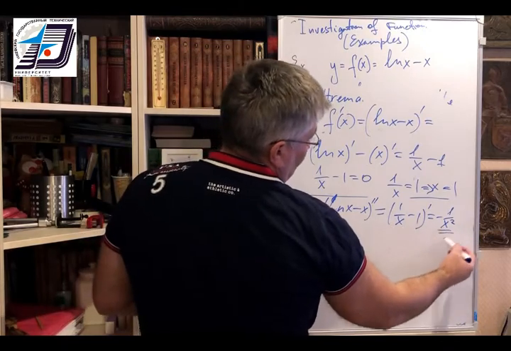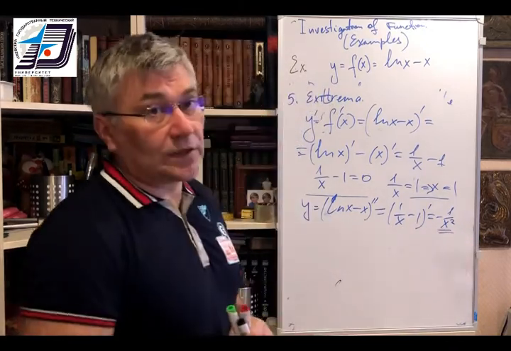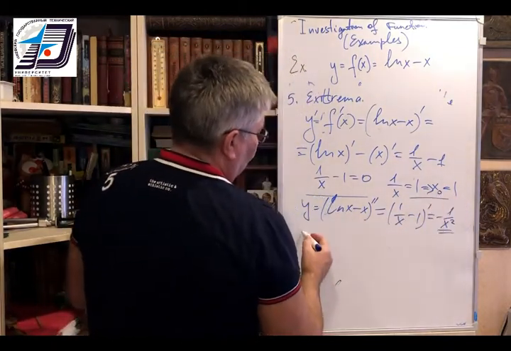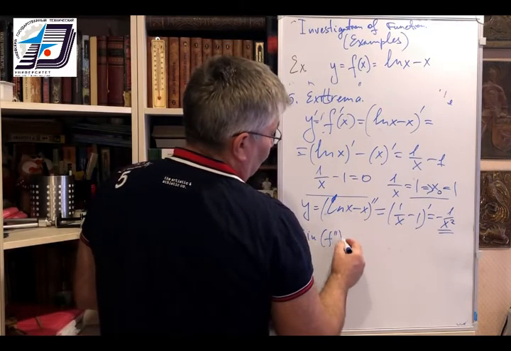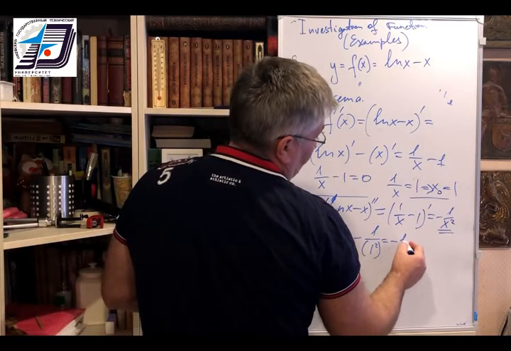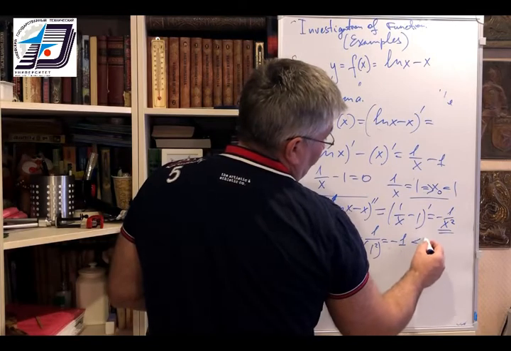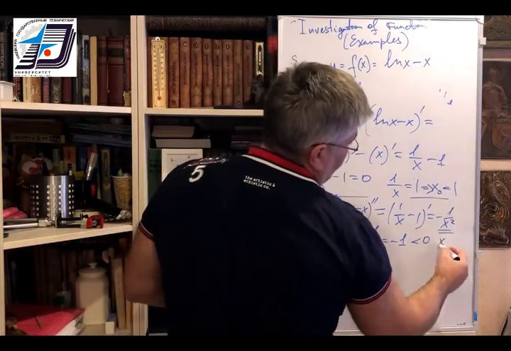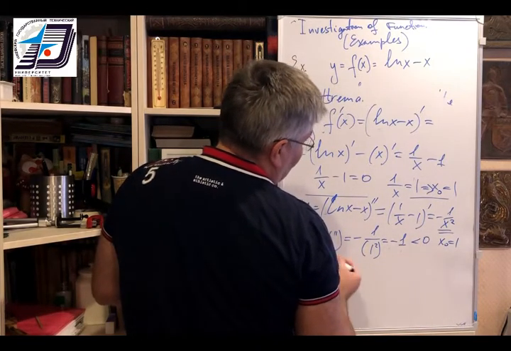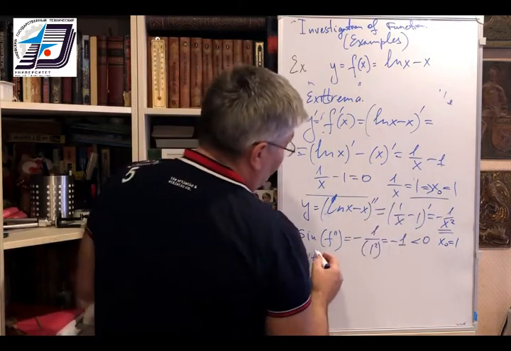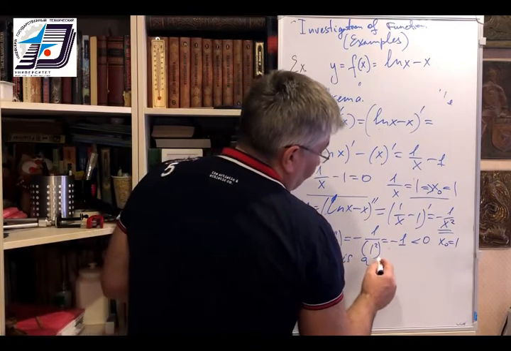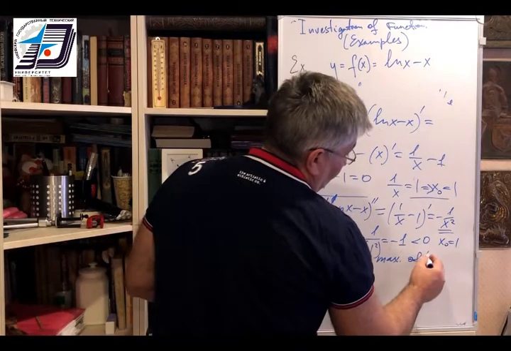So this is the second derivative, and now we have to check its sign at the point x0. The sign of the second derivative: it is minus 1 over 1 squared, which is negative. Since it is negative at this point x0 equal to 1, the function has a maximum. f of 1 is a maximum of the function.